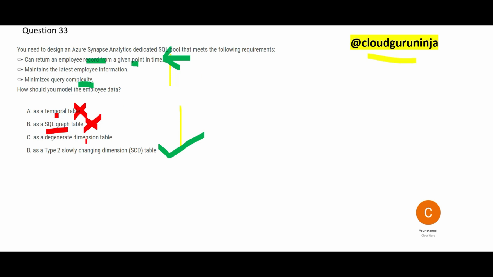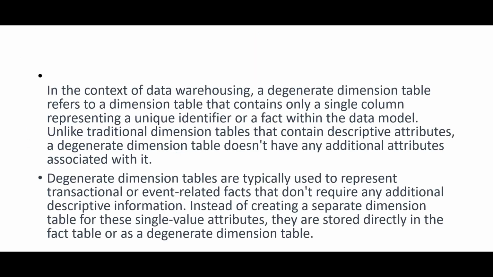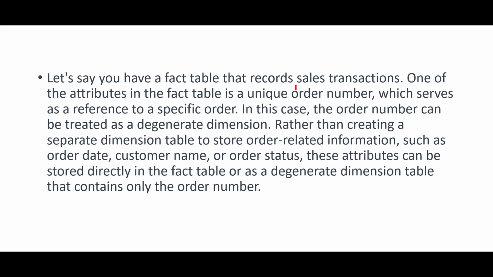What is a degenerate dimension table? In a warehouse, a degenerate dimension contains only a single column, a unique identifier. It is used for transaction or event related facts that don't require additional information. Suppose you have one fact table that records sales transactions. One of the attributes is the unique order number, which identifies a specific order.